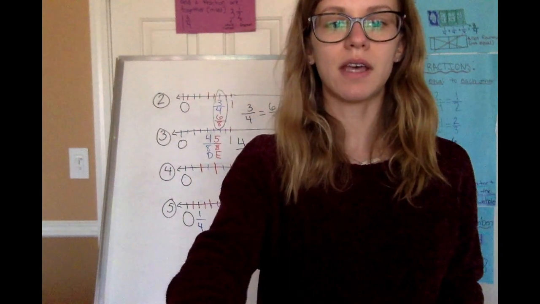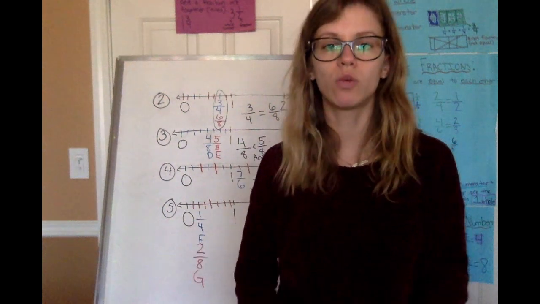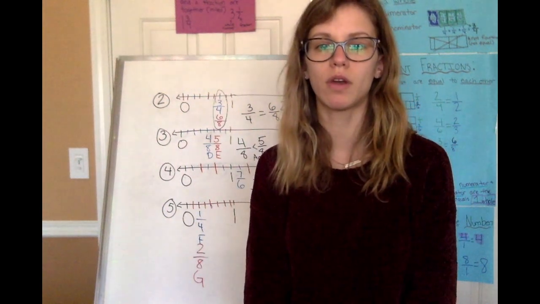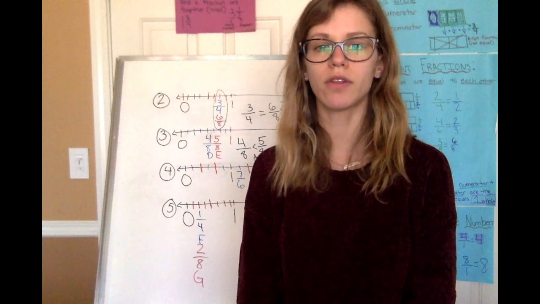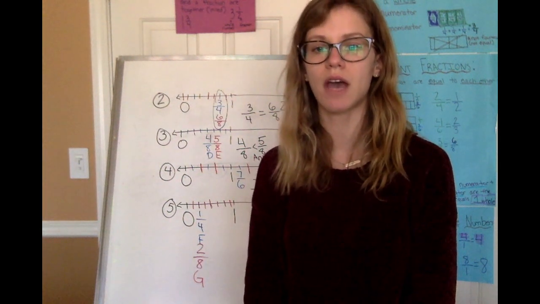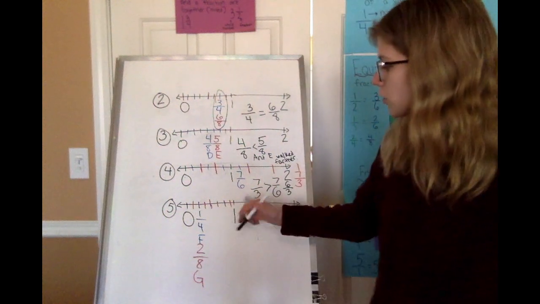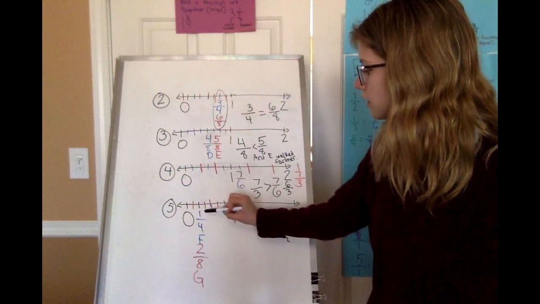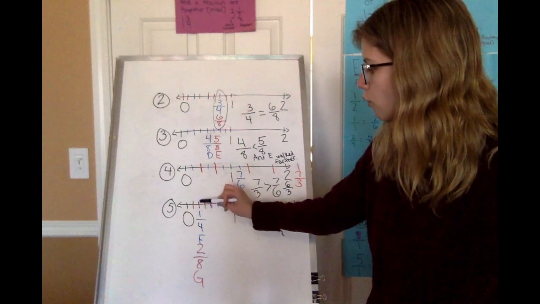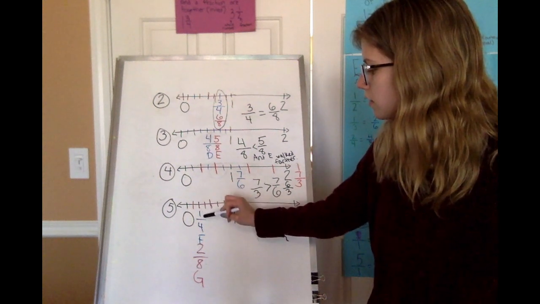Number 5 says, Aunt F walked 1/4 of the distance from 0 to 1, and Aunt G walked 2/8 of the distance from 0 to 1. Who walked farther, or did they walk the same distance? How do you know? So I separated it first into 4 equal parts for Aunt F and put 1/4.